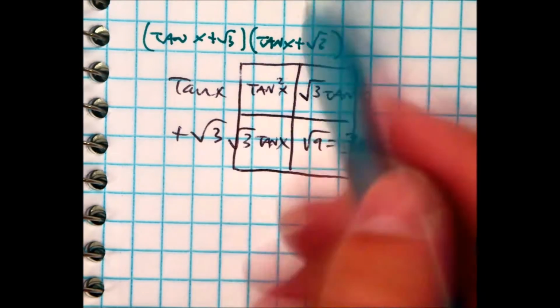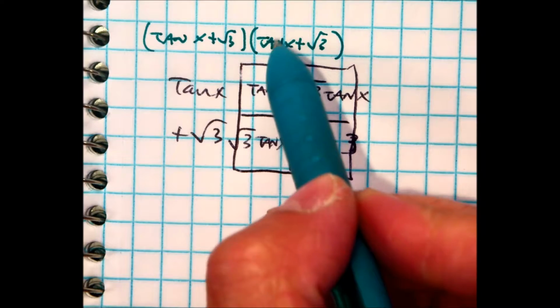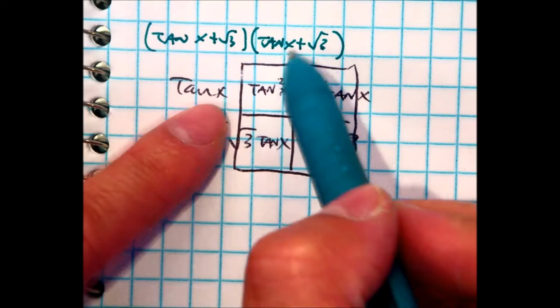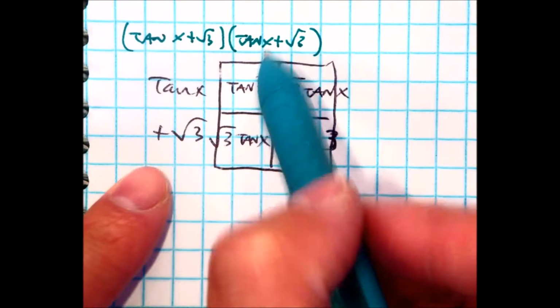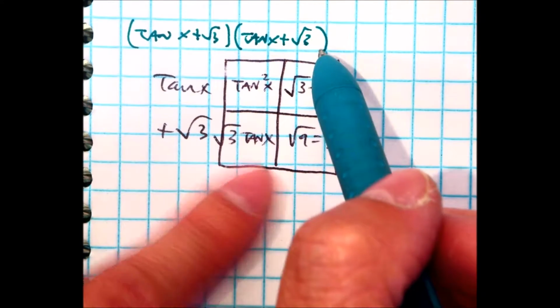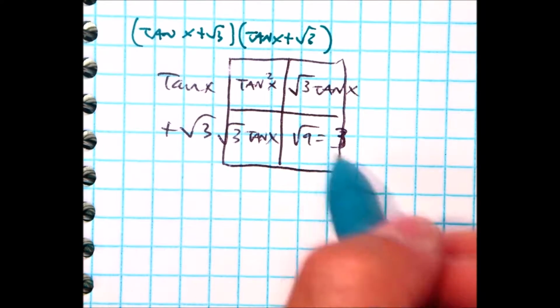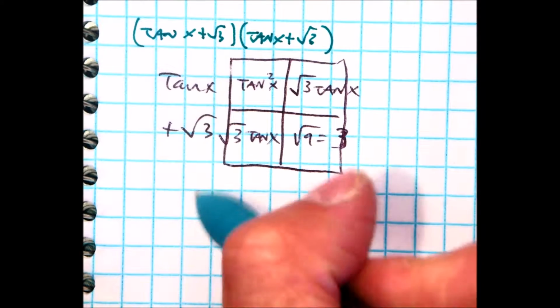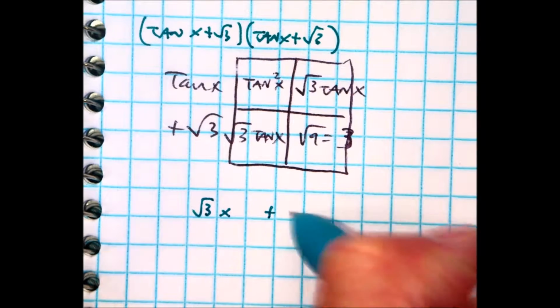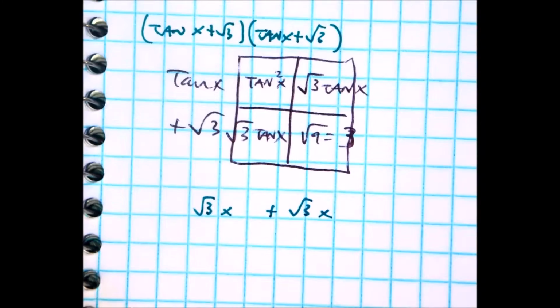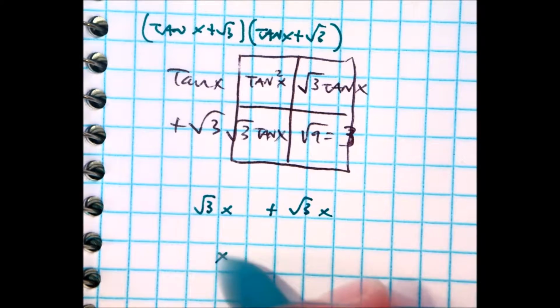So pretend it's, again, like there is no trig function. You could just do x times x, x squared, x radical 3, x radical 3, radical 3 times radical 3 is radical 9, which is 3. Okay, so if you have something like this, radical 3x plus radical 3x, just think of it as x plus x.